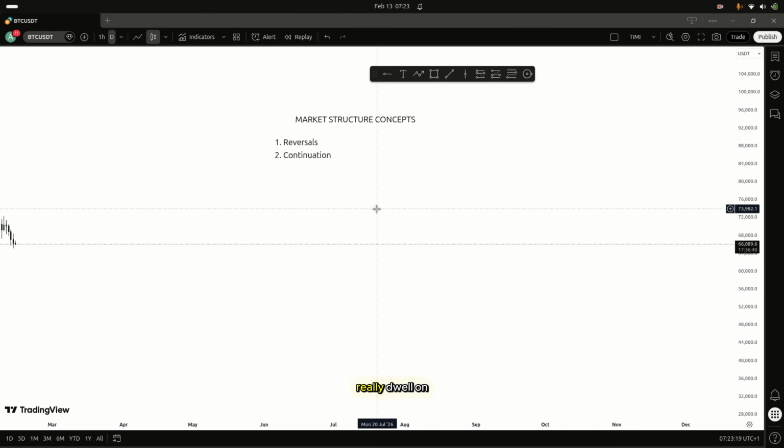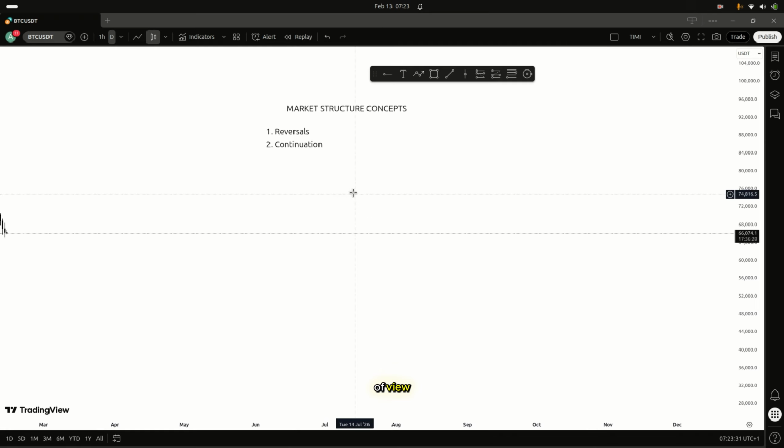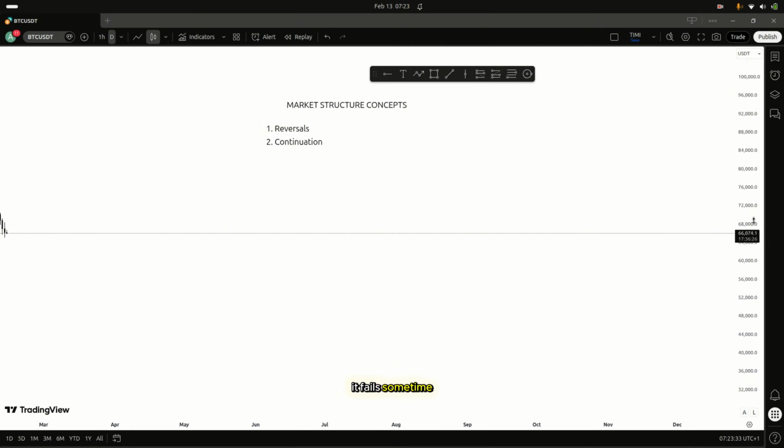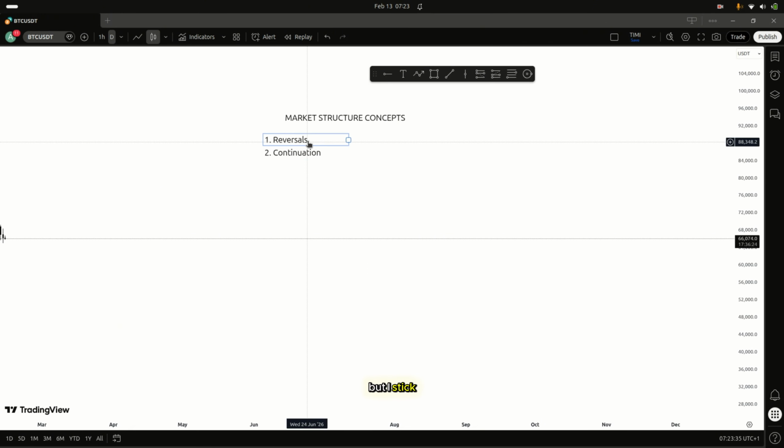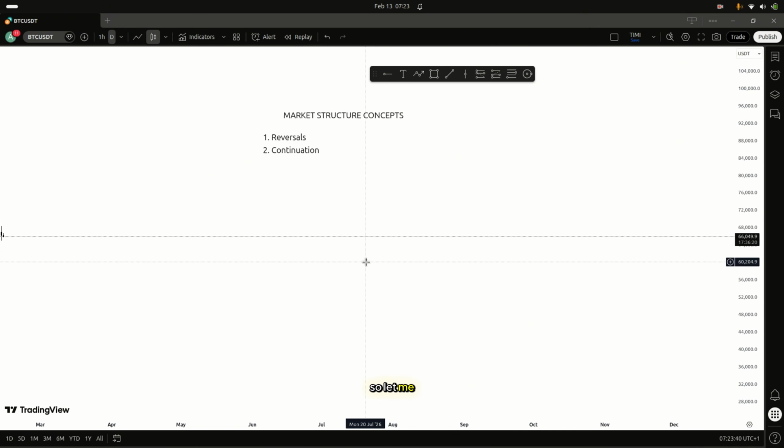But what I really dwell on, what I really trade most of the time, is only the concept of reversals. I really do not care much about the concept of continuation, because from my own point of view, it fails sometimes. So I stick solely to the concept of reversal. Let me quickly give you what I mean by the concept of reversal.